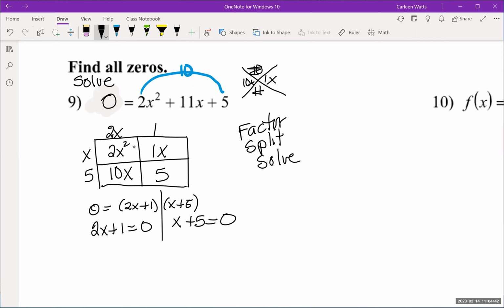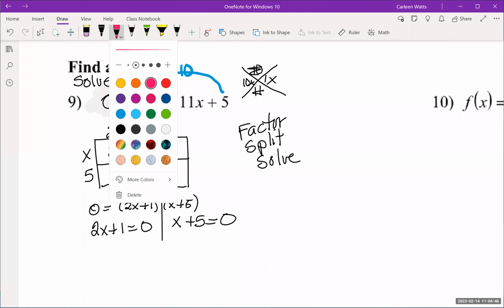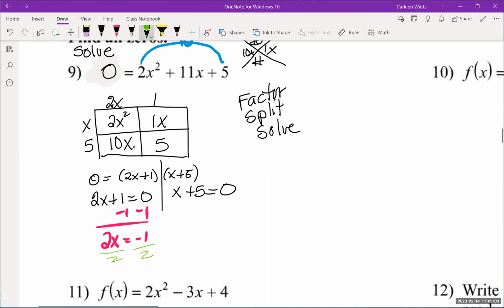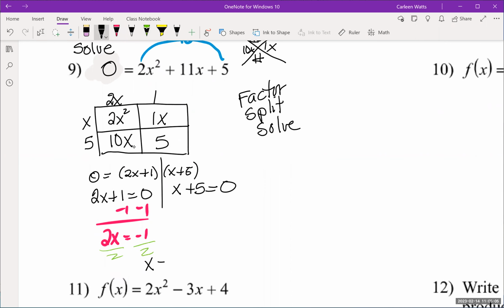Subtract 1. 2x is equal to -1. Divide by 2. X is equal to -1/2 and -5. There's our answer.